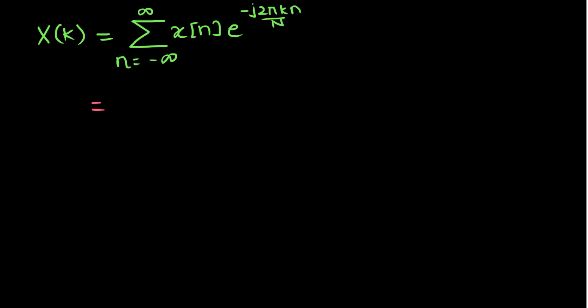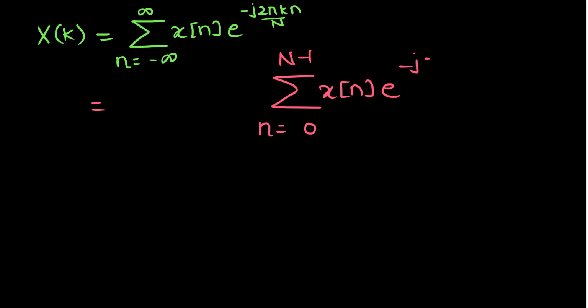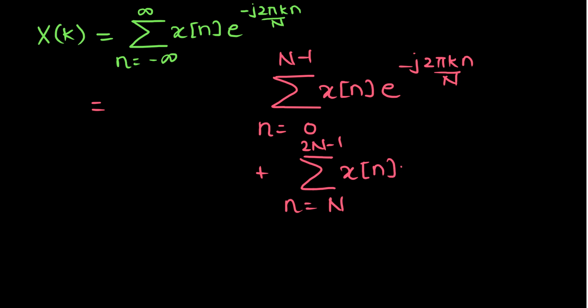So we have the first interval as n equal to 0 to n minus 1 x of n into e to the power minus j 2 pi k n by n, plus summation n running from n to 2n minus 1 x of n into e to the power minus j 2 pi k n by n, and so on.